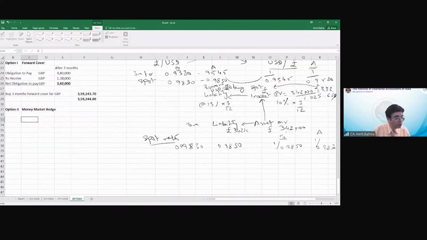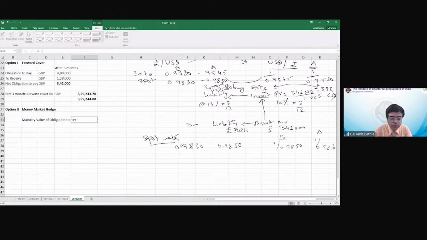Okay. All right. So now, first and foremost, I have to essentially identify the maturity value of the obligation to pay. How much is it? 342 GBP.